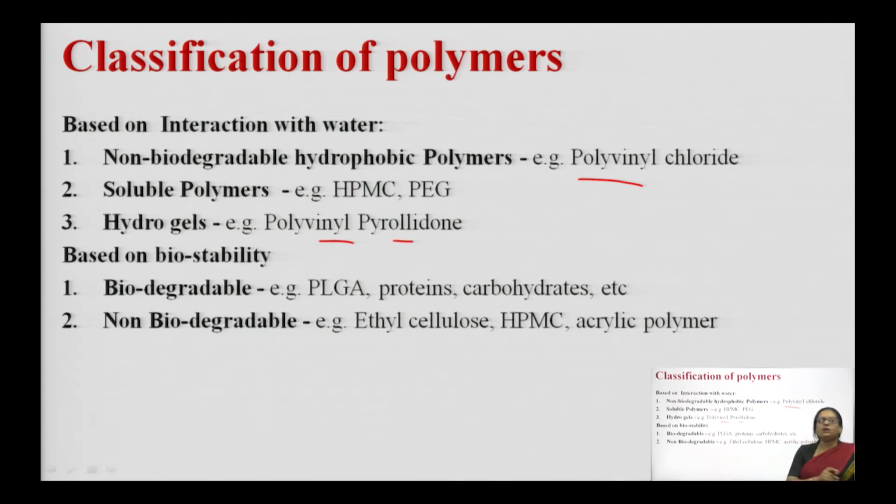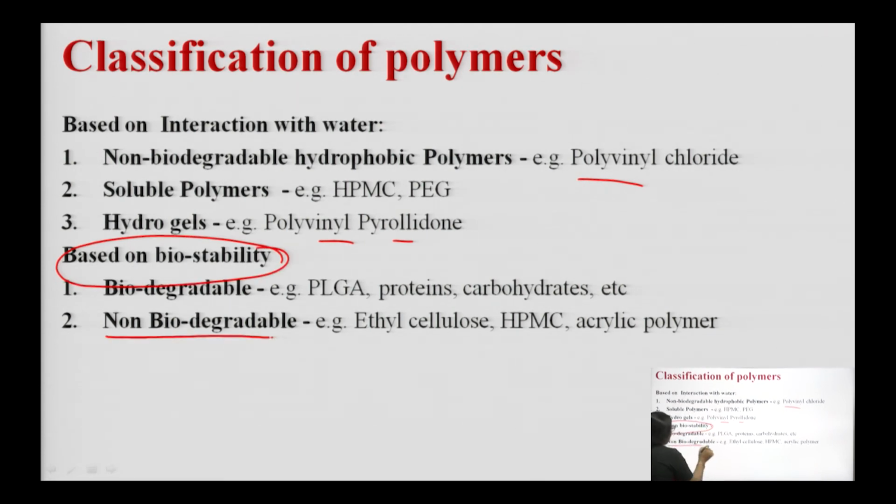Hydrogels are exemplified by polyvinyl pyrrolidine, and lastly, on the basis of their biostability, we may have biodegradable and non-biodegradable polymers, a very important classification, because it is the non-biodegradable polymers that have led to the lack of fame of polymers, or discouraging the use of polymers, because these non-biodegradable polymers have a tendency to accumulate in the environment and are the biggest hazards.